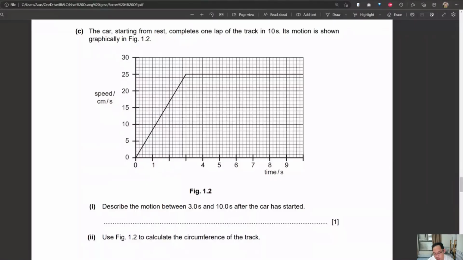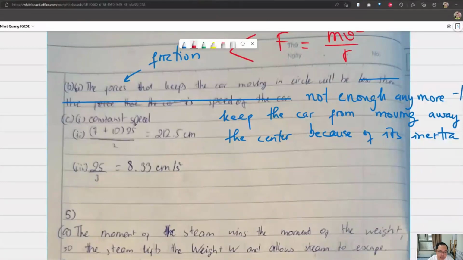Describe the motion between 3 seconds and 10 seconds: that is constant motion with a speed of 25 centimeters per second. You should mention the value of the speed there.